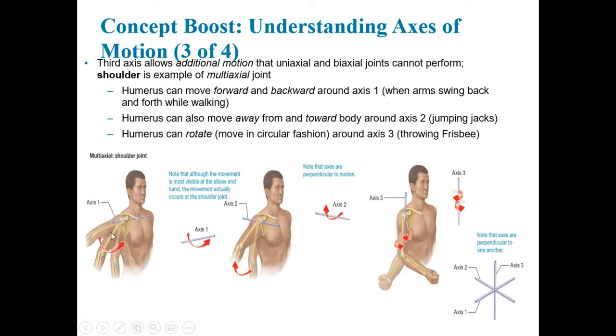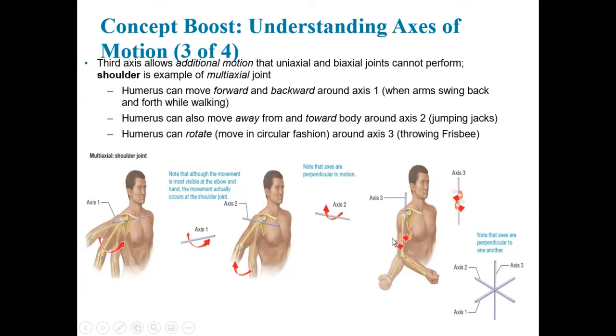That's movement along axis 1. Axis 2 is abduction, so moving the arm away from your body and then bringing it back. That's the second axis. And then the third axis is a rotation of the humerus. You rotate the humerus in and out in this manner, and that's the third axis.